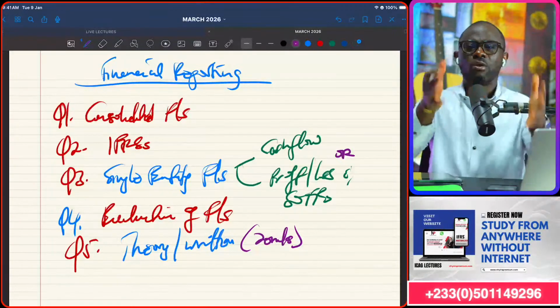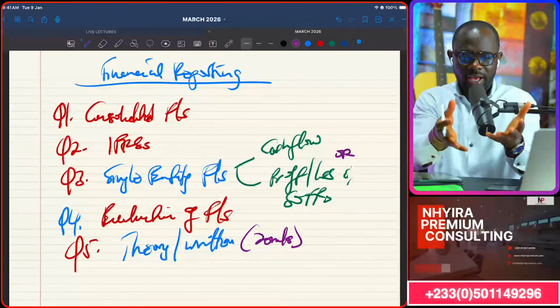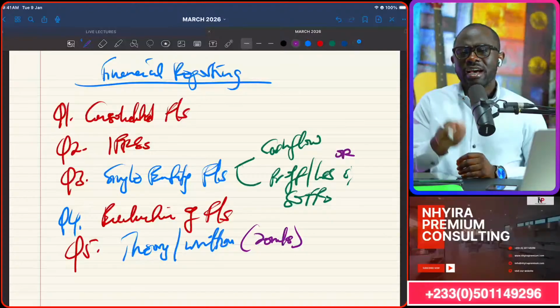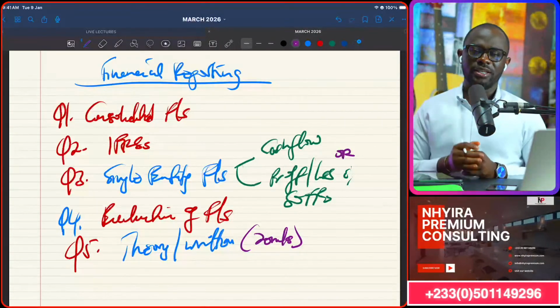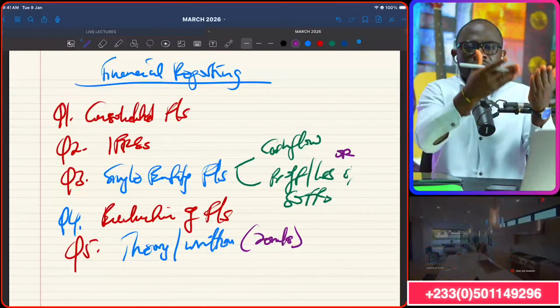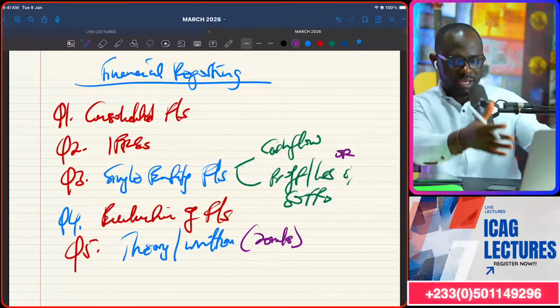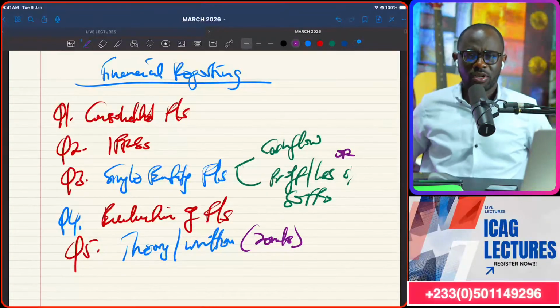Now, the question is, how do you excel in financial reporting? What is it that when you do right, financial reporting, you can pass it easily? What is it that if you get right, you can then walk into the exam hall and get the financial reporting easily? What must you do?